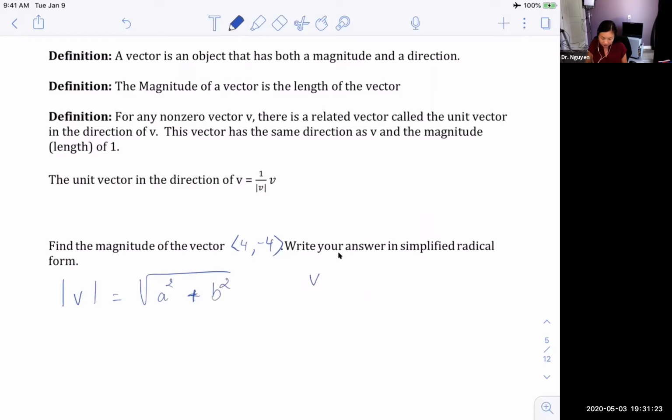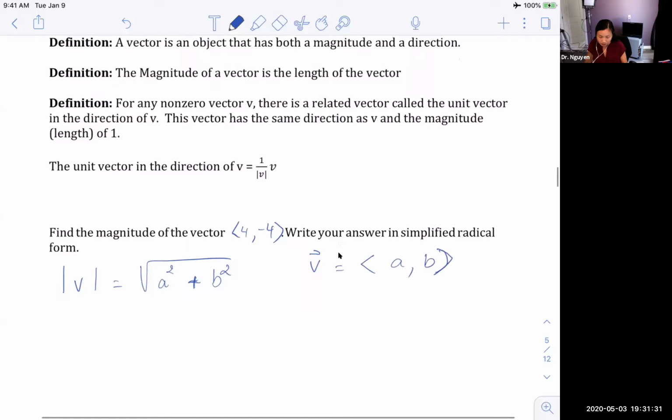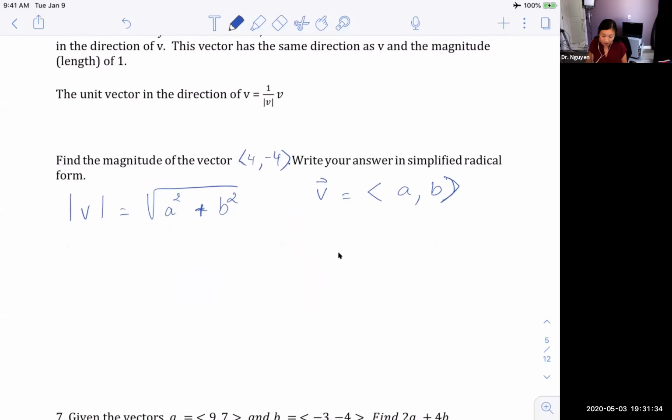Given vector v is <a, b>. Okay, so for our problem, we have 4 and -4. All you have to do is plug it in. 4 and -4 here.